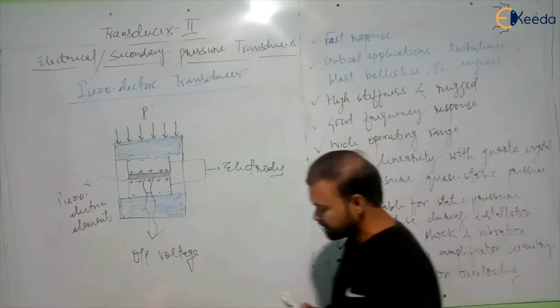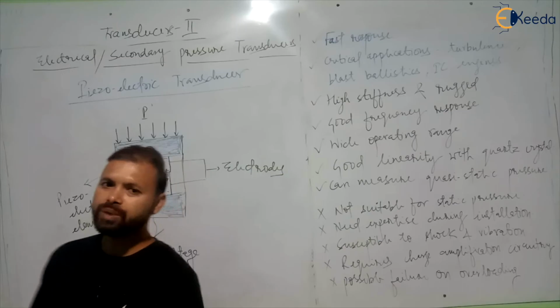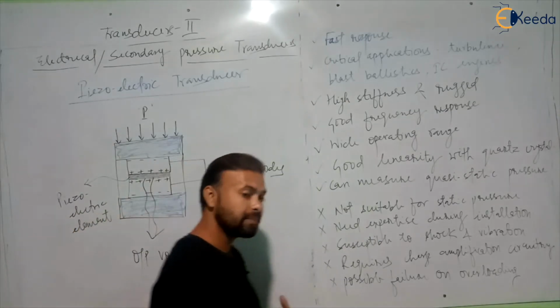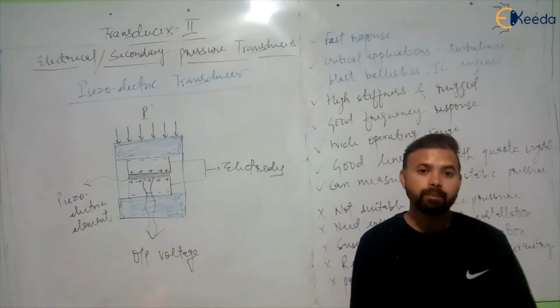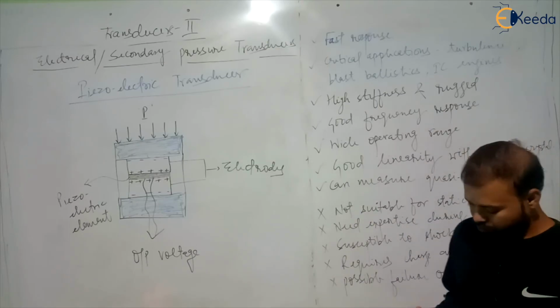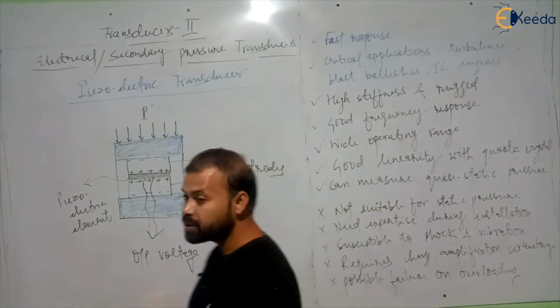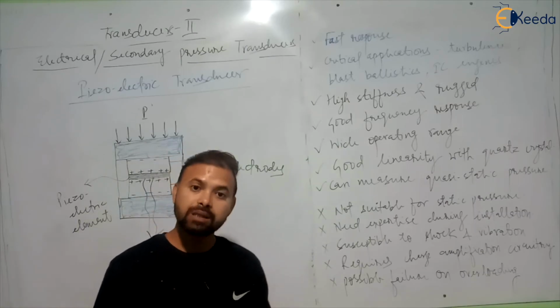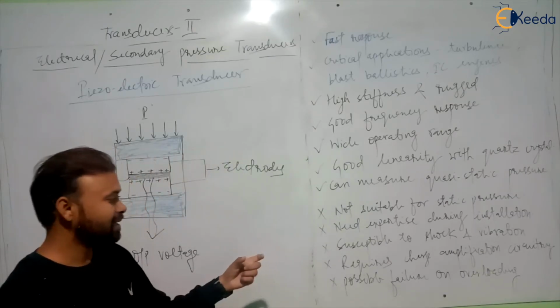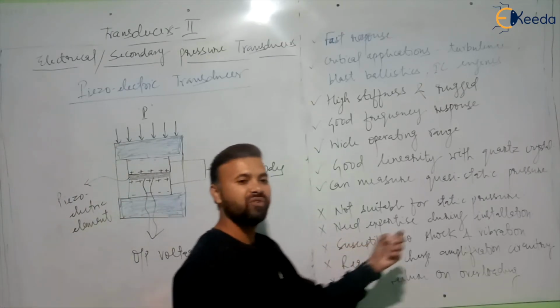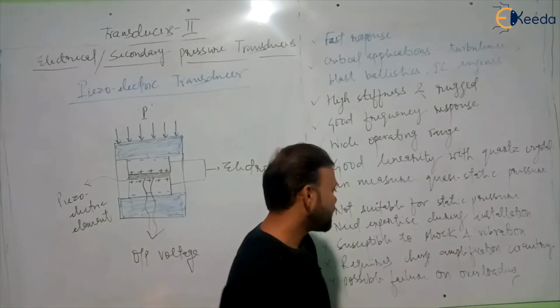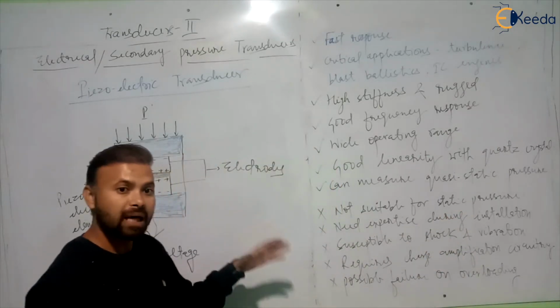Microampere range is very difficult to measure. So for the measurement purpose, you need some amplification. For that amplification, you need some external circuits. So that's why it requires charge amplification circuitry.